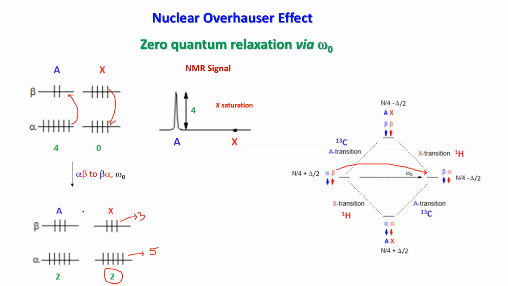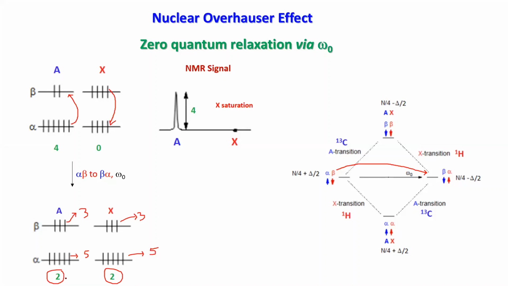For A, excess population will be 2 again. How? You have now, after relaxation, the population at beta is 3 and population at alpha is 5. Okay, so you have excess population 2 again.